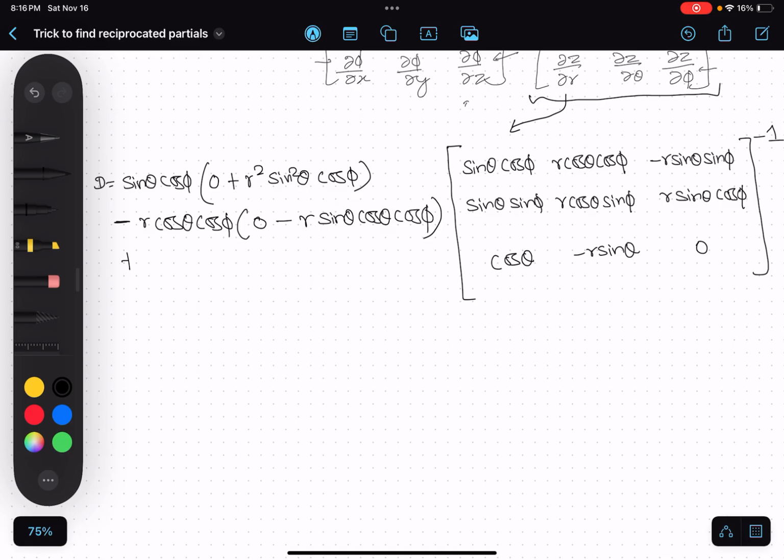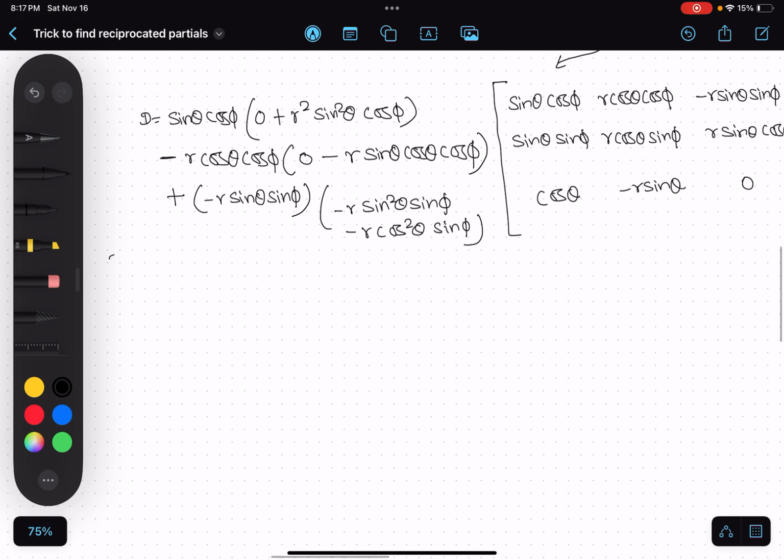Yes, good. Now again plus. That thing is already negative, so minus r sin theta sin phi, and then this will be minus r sin square theta sin phi minus again r cos square theta sin phi. Guys, that's a good thing for us because they will add up to 1, right?